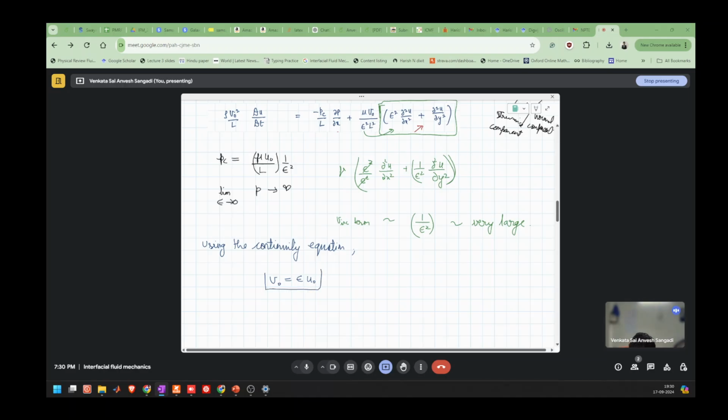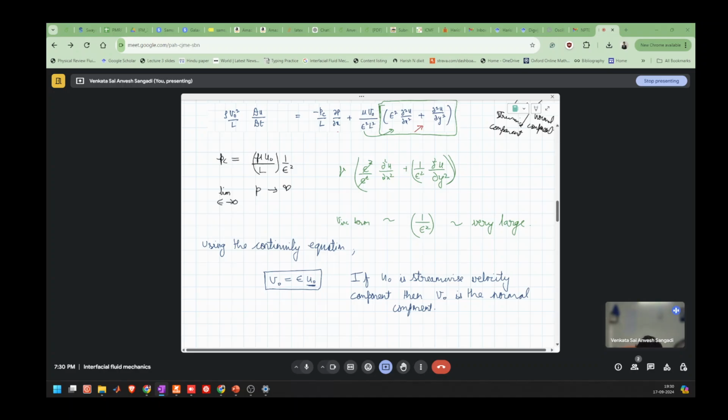So we can say that if u naught is the streamwise velocity component, then v naught is the normal component.